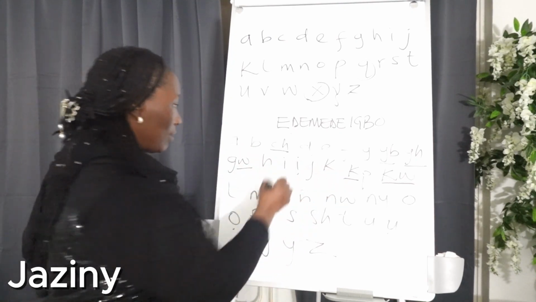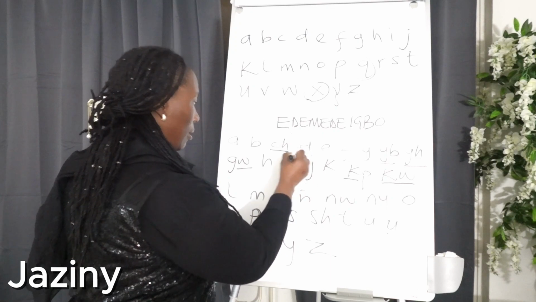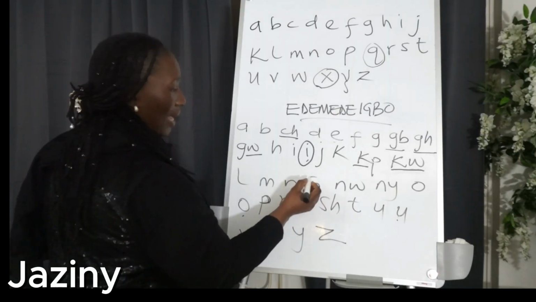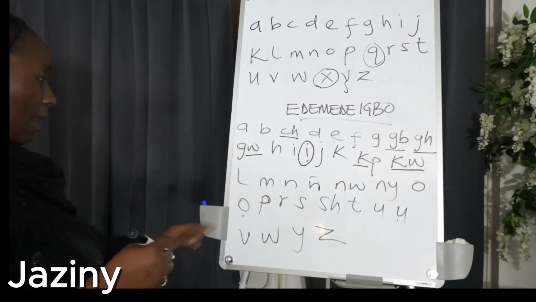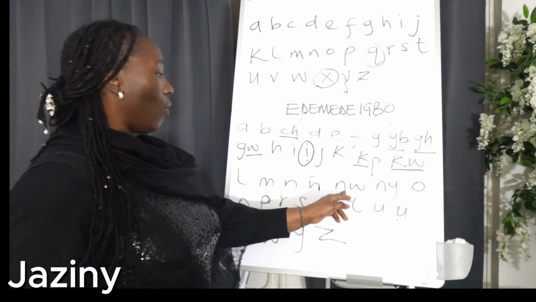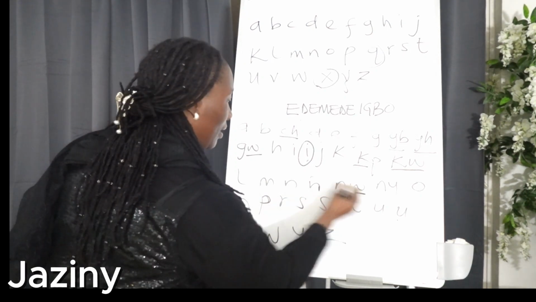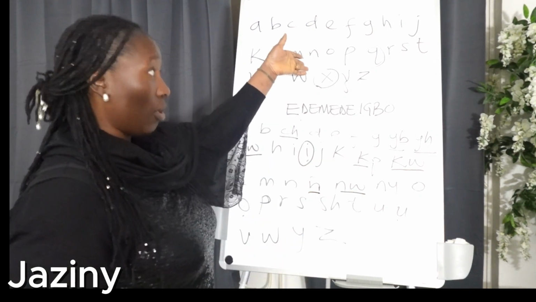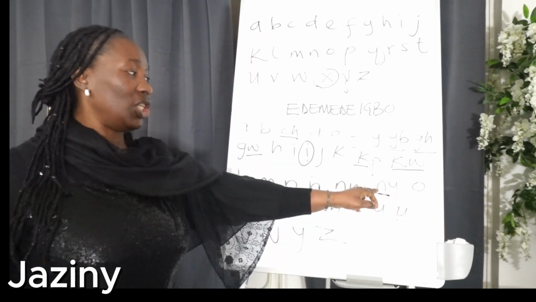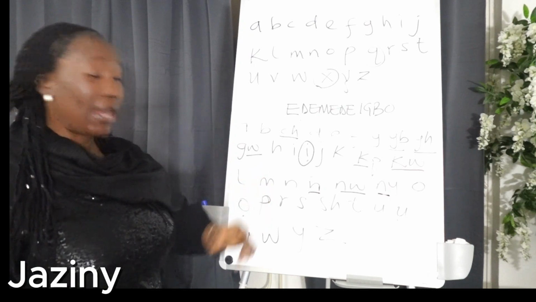If I get here, this also, the long E sound. Ni, that's N with a hyphen on it. These are additions to what you already know as the English alphabet. We have ni, ny.